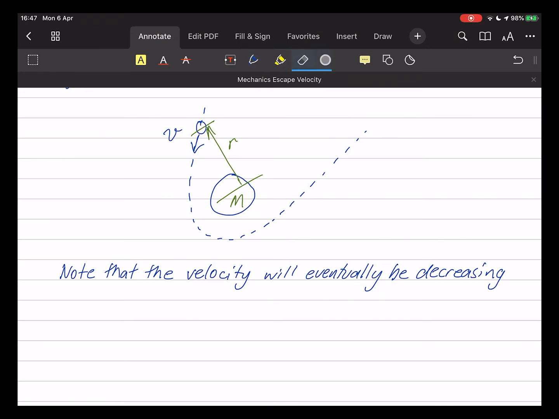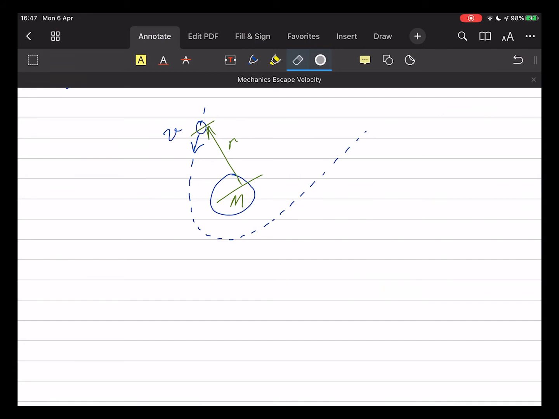That's rather awkward. That's the velocity. Let's not note. Describe which part of the path we're on.